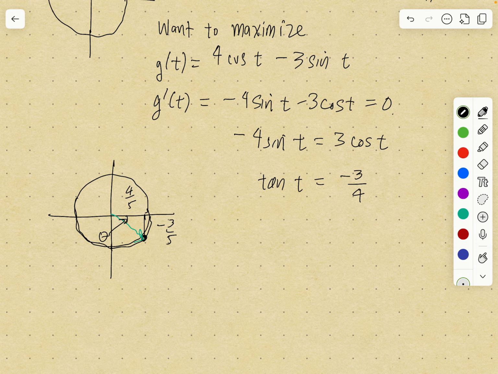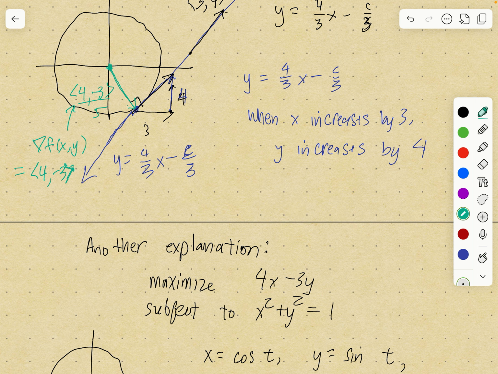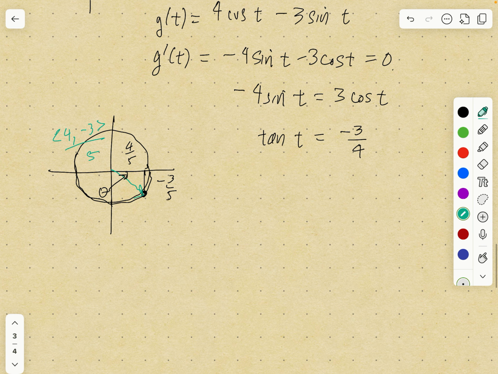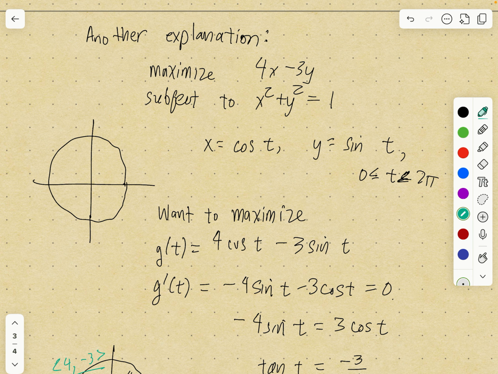And again, that's the direction of the gradient, (4, negative 3), of course divided by 5, which is the length, to make it a unit vector. The point is that when tangent of t is -3/4, when your unit vector is in the direction of the gradient, that's when you maximize 4x minus 3y.